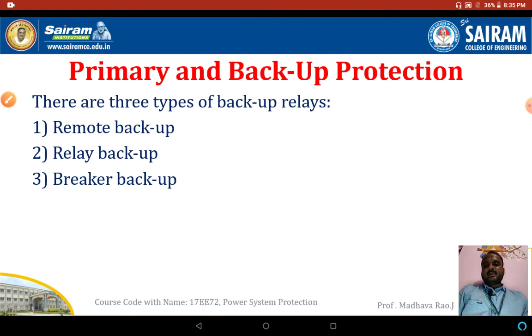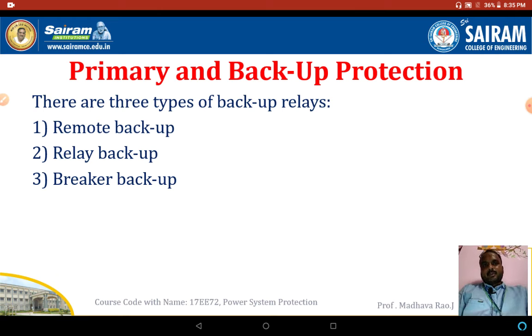Coming to the second one, relay backup protection. This is a kind of local backup protection, in which an additional relay is provided for backup protection.